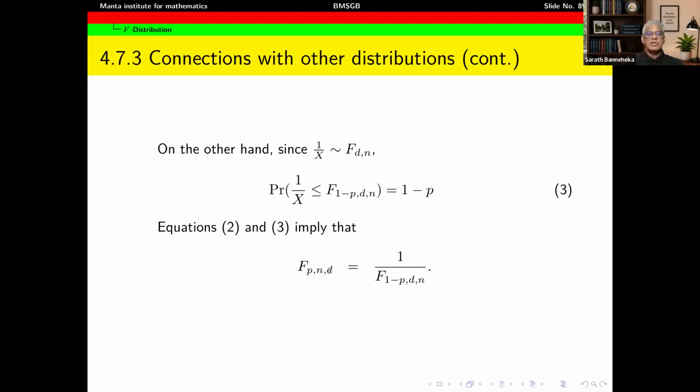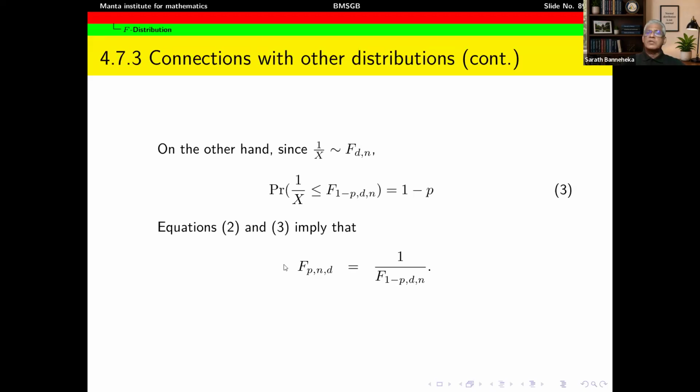Right. F P N D is equal to 1 over F 1 minus P D N, right? So in this case, D is the numerator degrees of freedom, N is the denominator degrees of freedom. Or you can write down F 1 minus P D N is equal to 1 over F P N D.